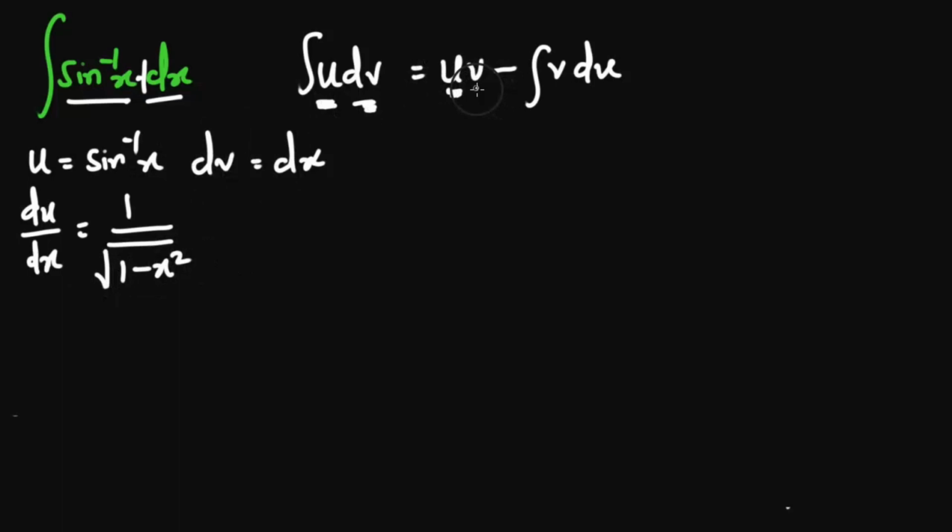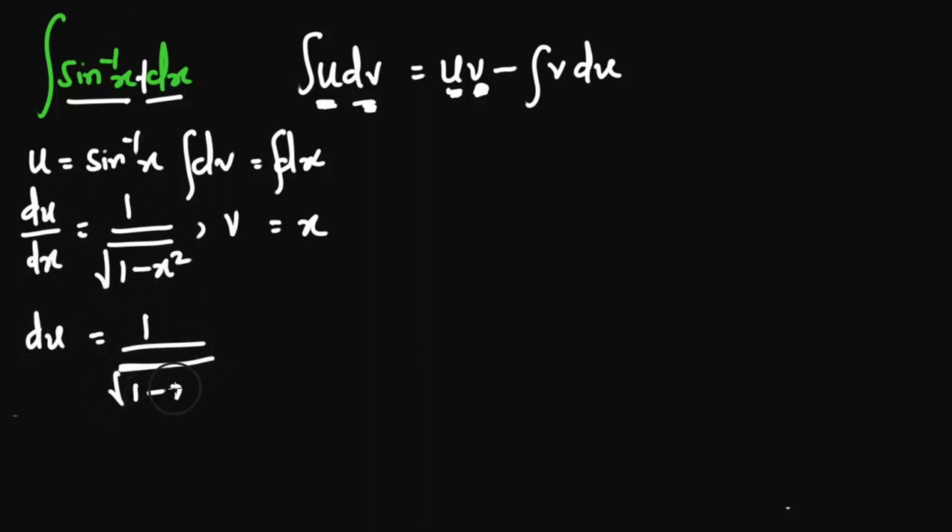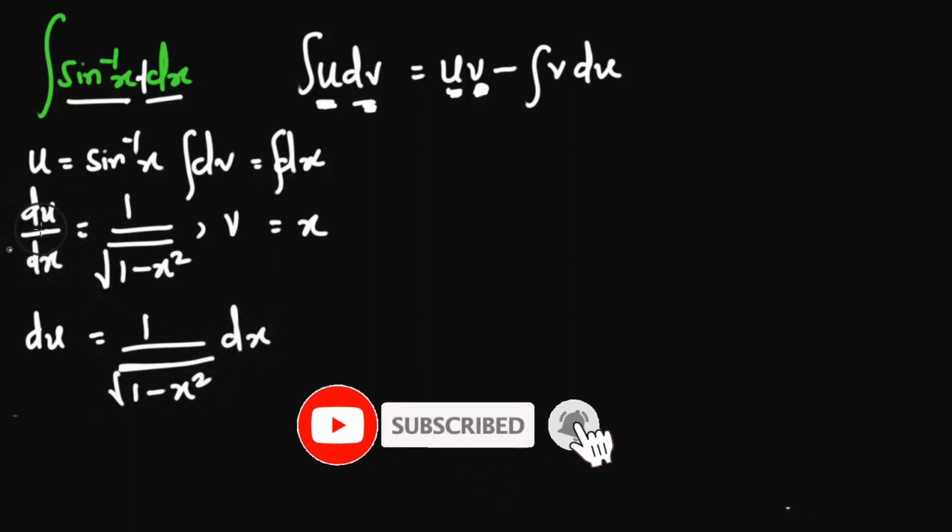To obtain v, we have to integrate dv. So when we integrate dv, we have v, and when we integrate dx, we have x. We can write du equal to 1 over the square root of 1 minus x squared dx, cross multiplying what we have here.